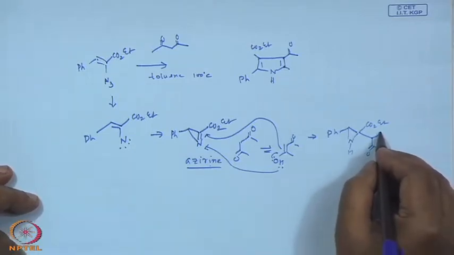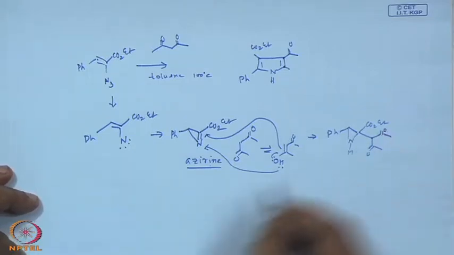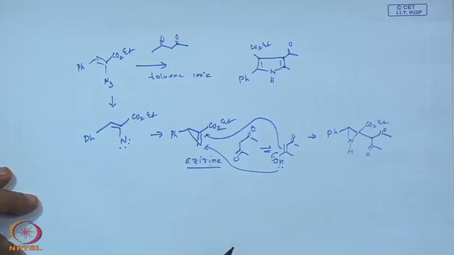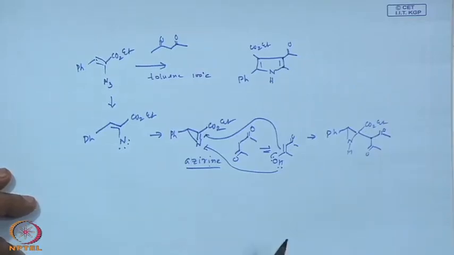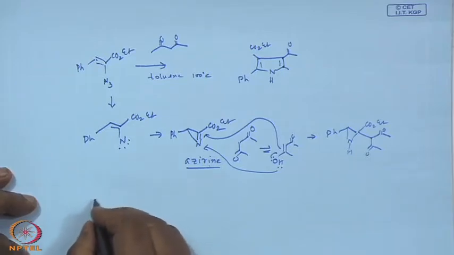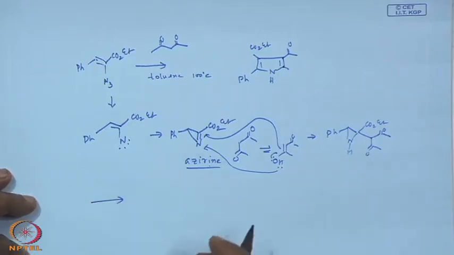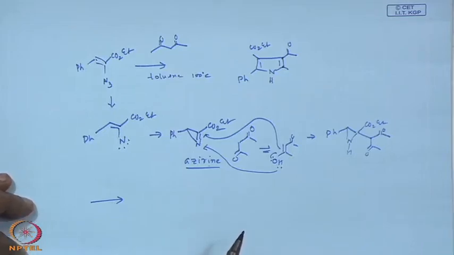And what is expected next here? Many of you probably know aziridines, unlike epoxide, have a specialty. What is the specialty? Between epoxide and aziridine, if you have proper activation, you will find the aziridine opens up very quickly, ring opening takes place. Okay.